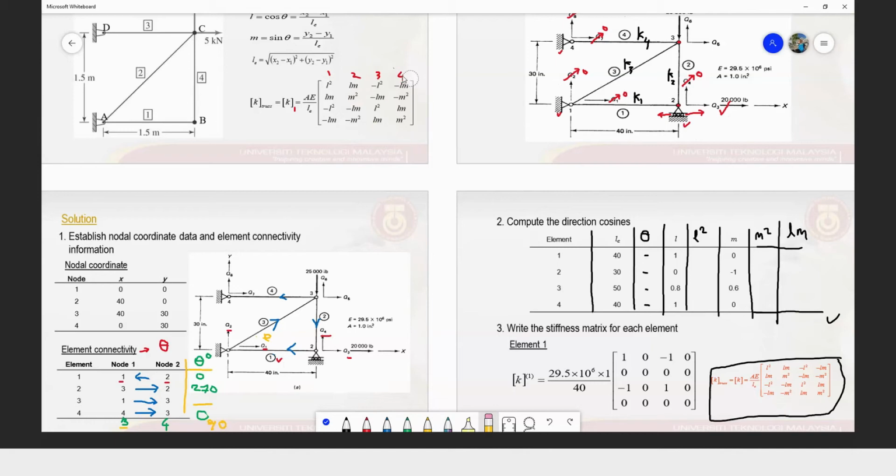So if our element connectivity for the element number 1 is connected from 2 to 1, then we use the index of our displacement starting from node number 2 and in the x direction first. So in this case, I should write 3, 4, 1, 2, 3, 4, 1, 2.